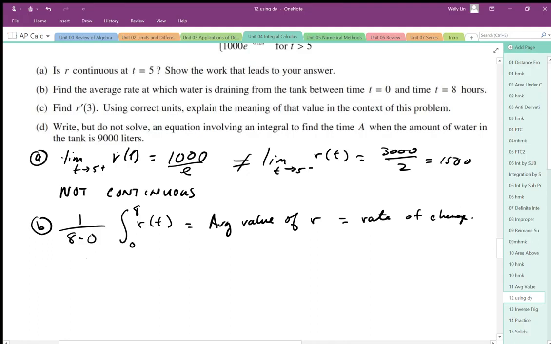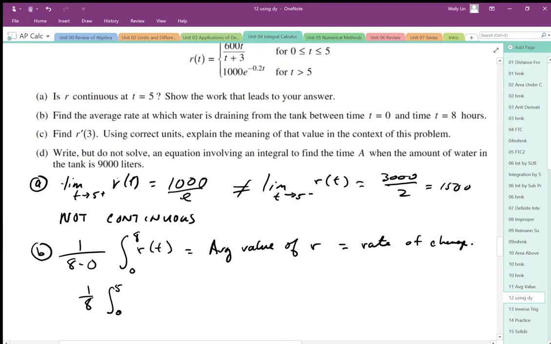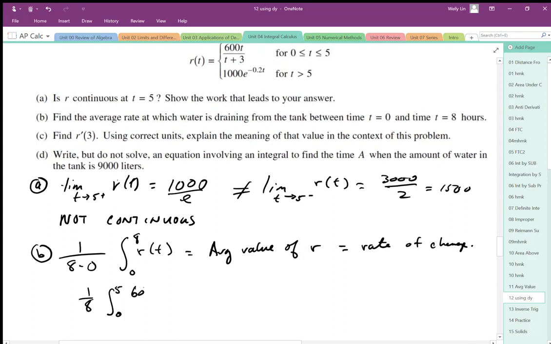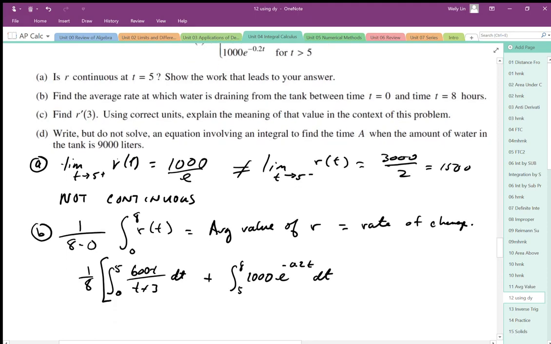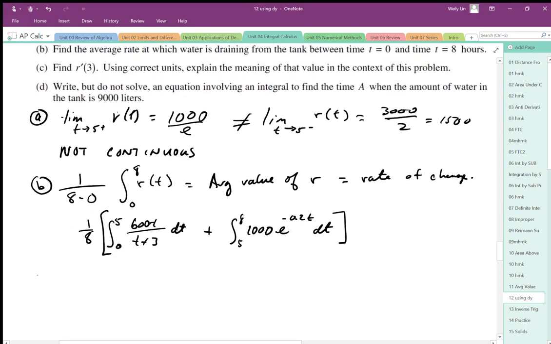We end up with 1 over 8 times the integral from 0 to 5 of 600t over t plus 3 dt, plus the integral from 5 to 8 of 1000 e to the negative 0.2t dt. And that would give us the average rate of change.